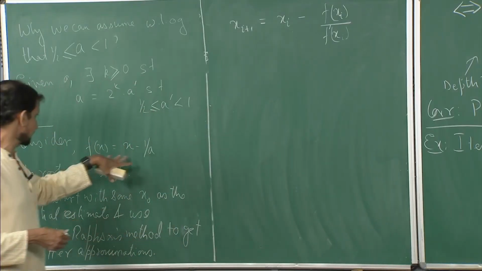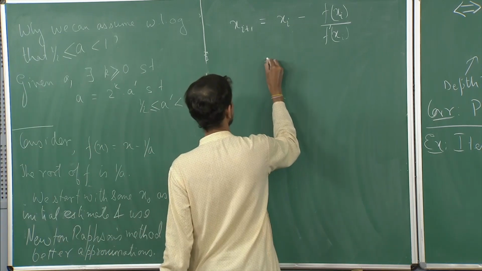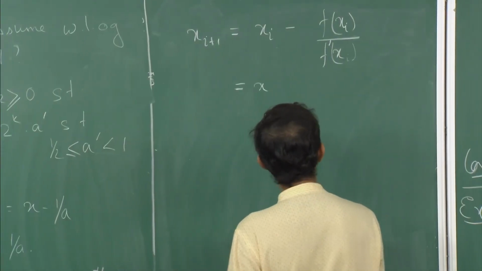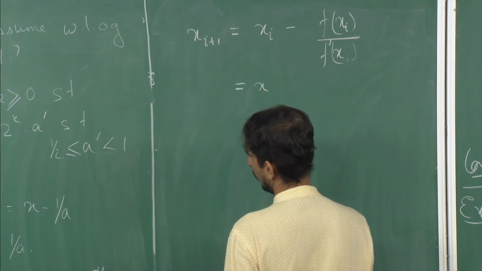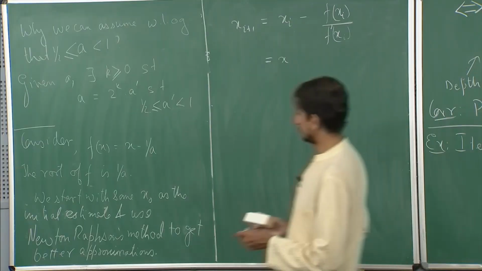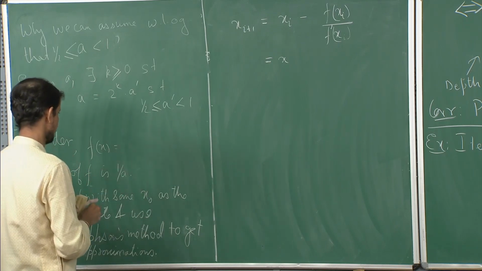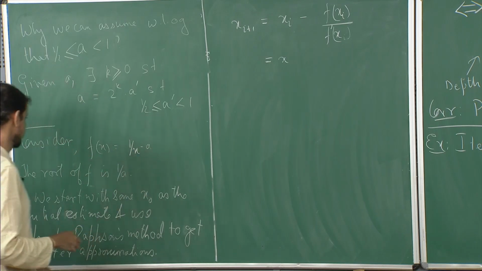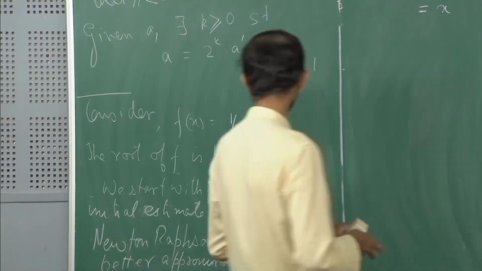Actually, we will take f of x to be the function 1 over x minus a.